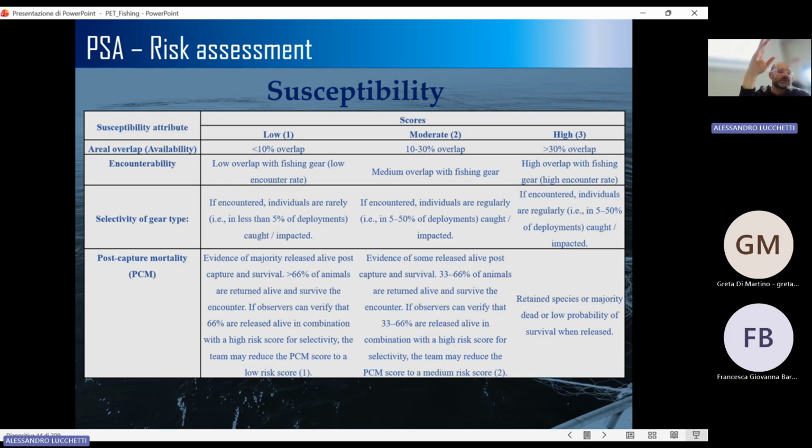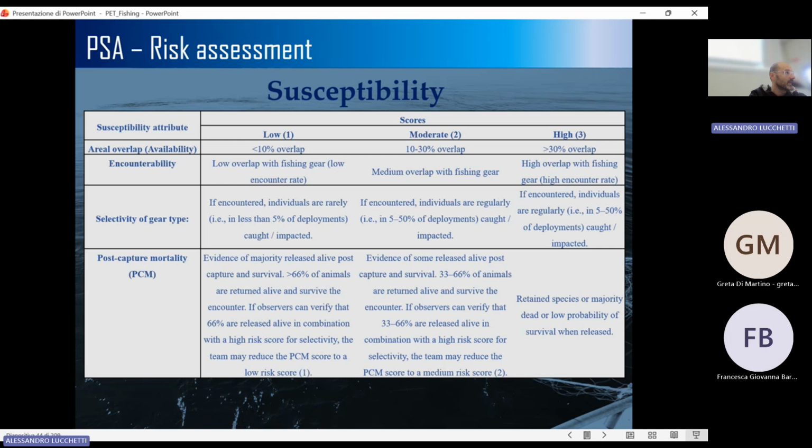Here you can use vertical overlap, for instance. If you consider a species in the areal overlap, the species that overlap with a specific fishing gear, speaking about, let's say, dolphins and bottom trawling here in the Adriatic. The areal overlap of dolphins and bottom trawling is really high, because when you use bottom trawling, you can see dolphins all around you.